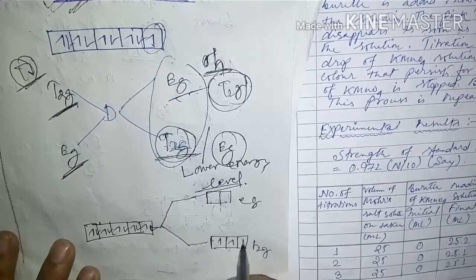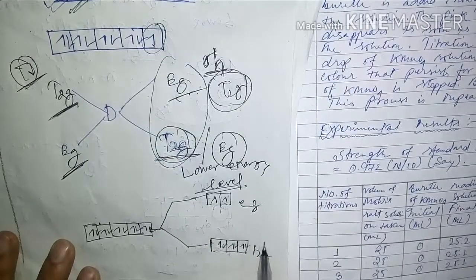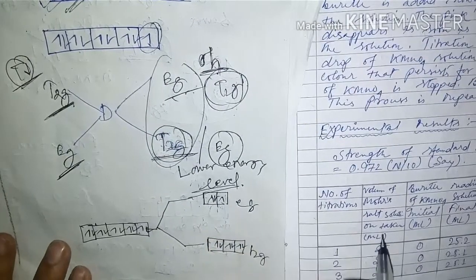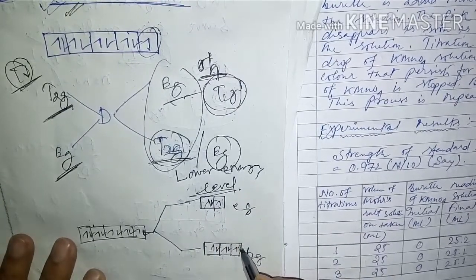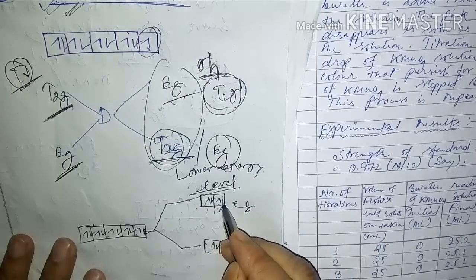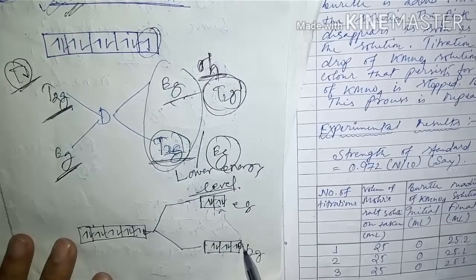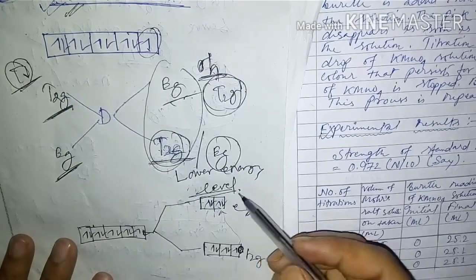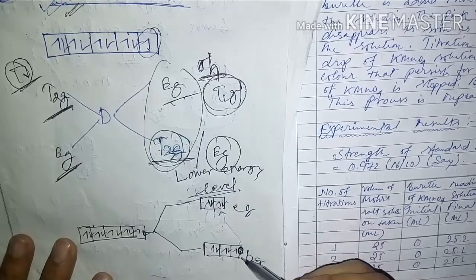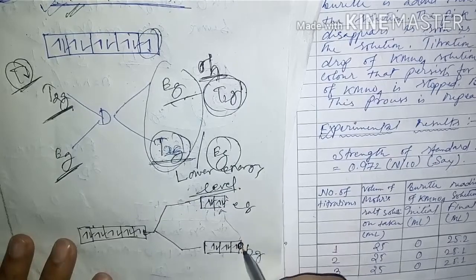So 1 2 3 4 5 6 7 8 9. Okay, 9. Now if one electron goes here, then down here a hole can form. One hole. Now this transition occurs from Eg to T2g.